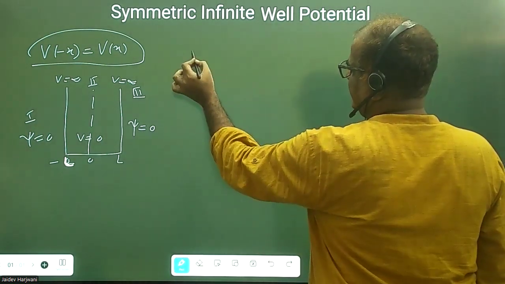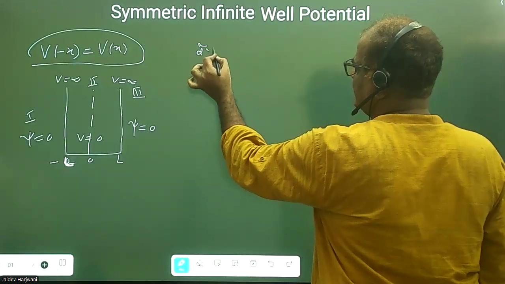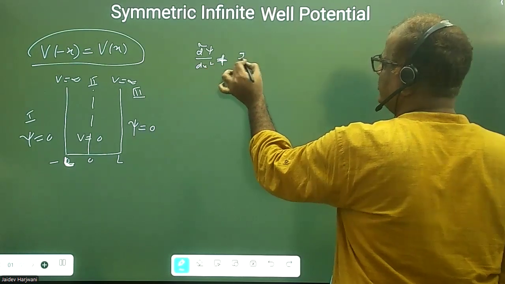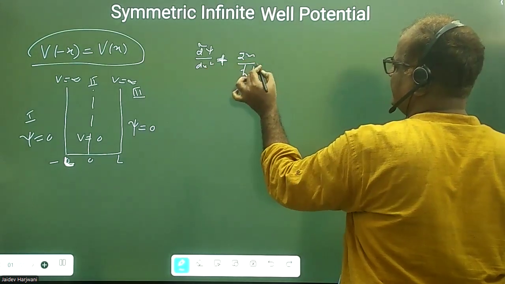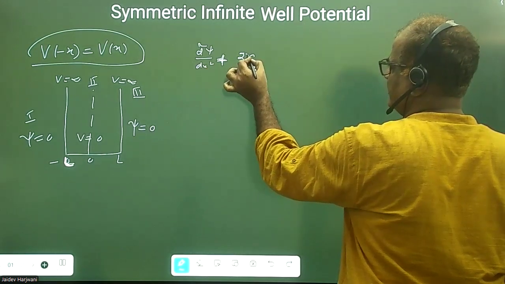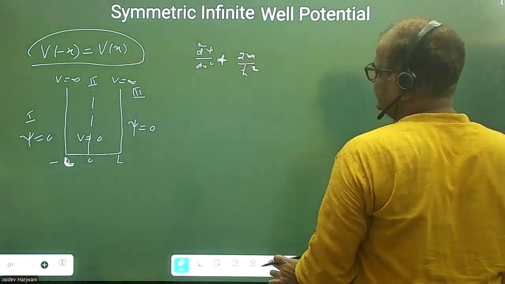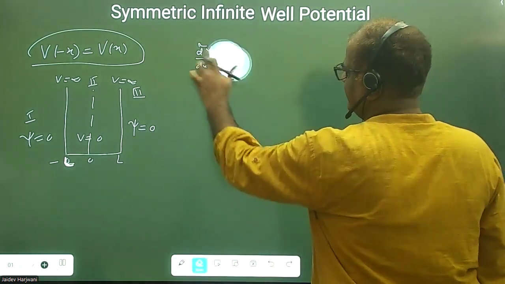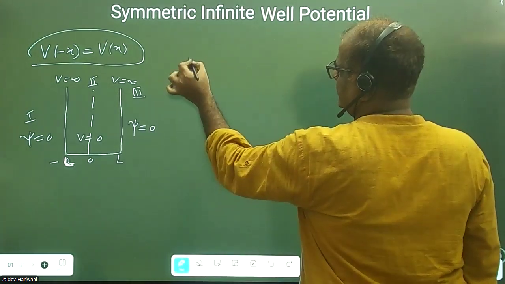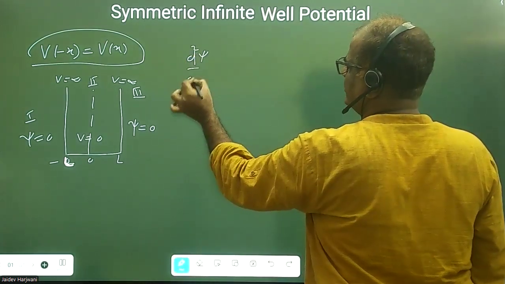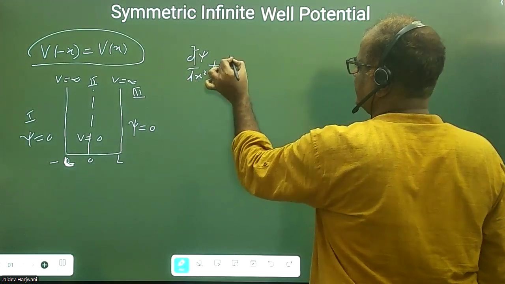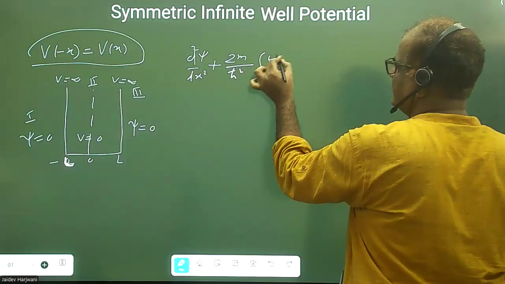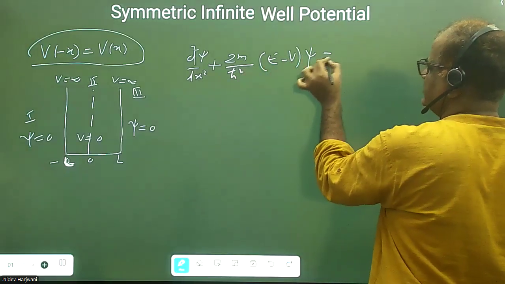because we have the time-independent Schrodinger equation, d2 psi upon dx square plus 2m upon h cut square (E minus V) psi equals 0.